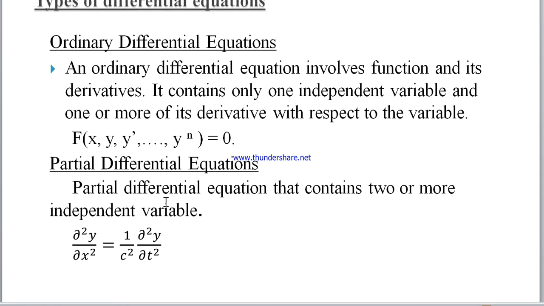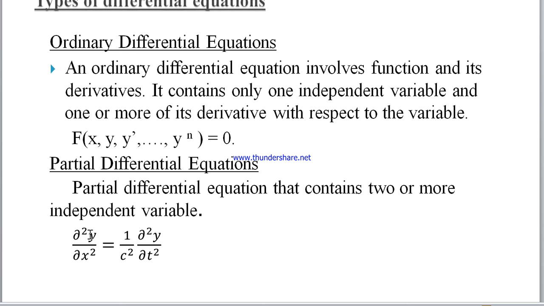Next, partial differential equations. A partial differential equation contains two or more independent variables. Here the dependent variable is single but the independent variables are two or more. For example, dou square y by dou x square is equal to 1 by c square dou square y by dou t square. Partial differentiation is written with dou, not d, because there is a difference between ordinary differentiation and partial differentiation.